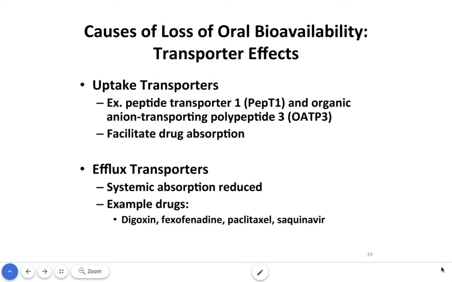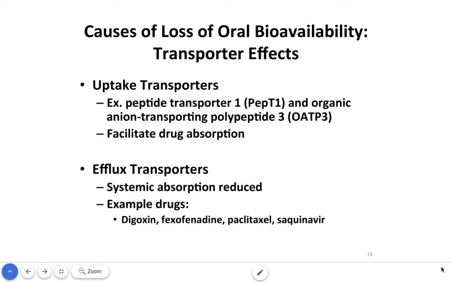Molecules that bind to efflux transporters will be pumped out from the intracellular to the extracellular environment, and hence these efflux transporters will eventually lead to a decrease in bioavailability, so they are a big concern.